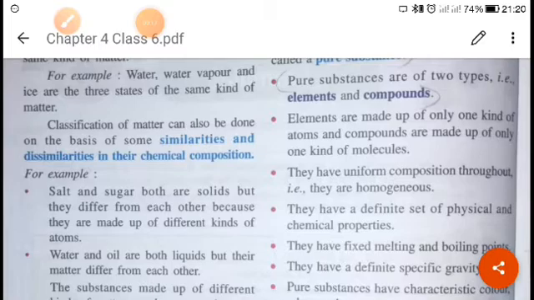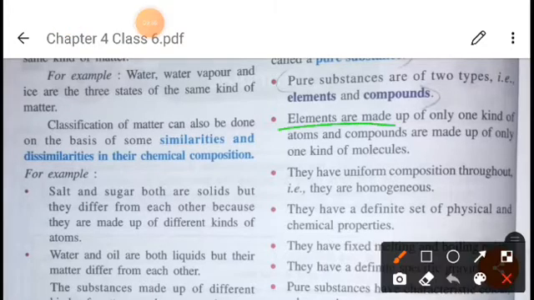That is why it is called an element. So we can easily define it like this: elements are made up of only one kind of atom, and a compound is made up of only one kind of molecules. I hope you know what are atoms and molecules, right?